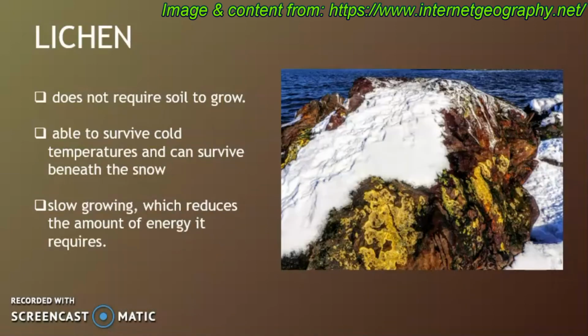Next to it are the lichens. They do not require soil to grow. They are able to survive cold temperatures and can survive beneath the snow. They are also slow-growing, which reduces the amount of energy they require.